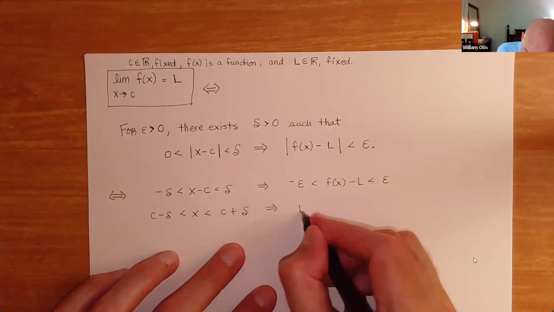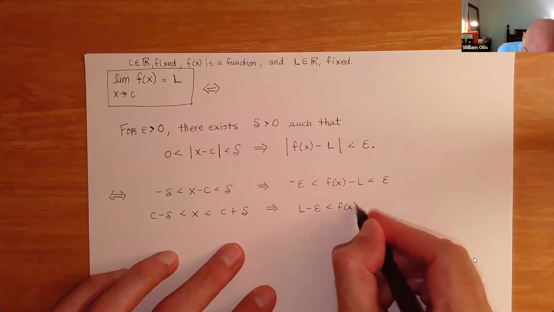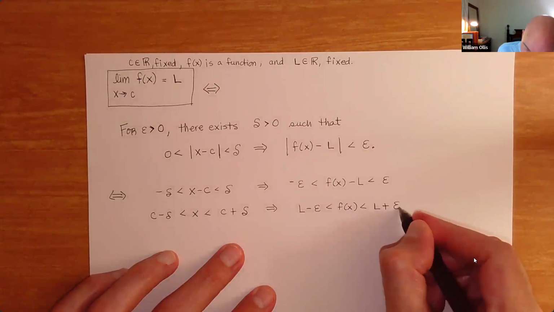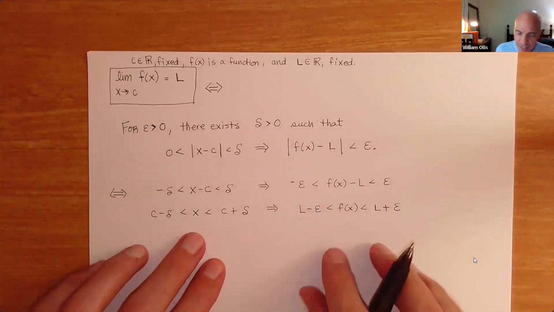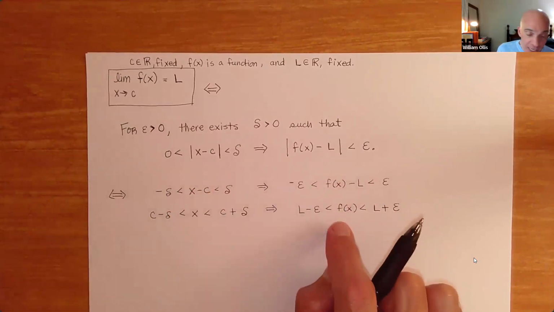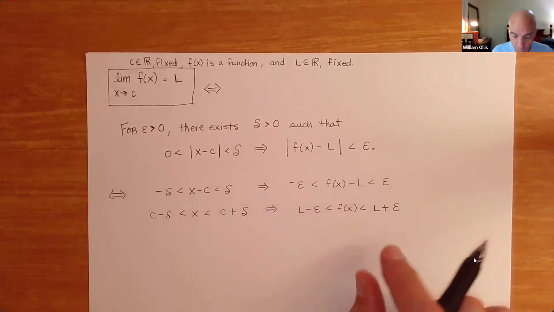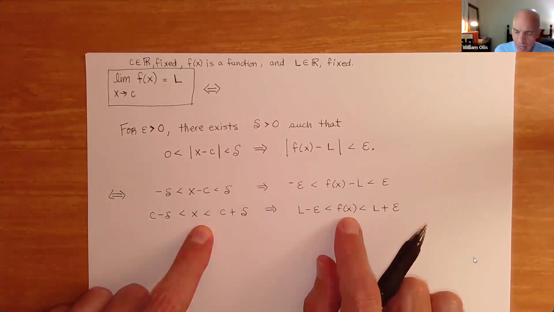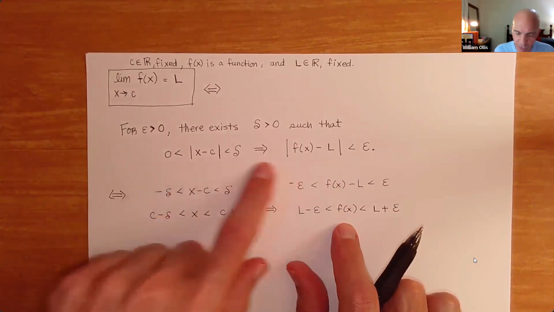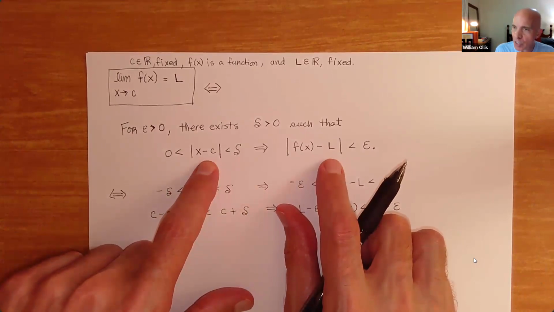We have L minus epsilon less than f of x less than L plus epsilon. So this is just a very compact way of writing this. There's nothing wrong with fleshing it out this way. It's just that it's a little bit untidy. So mathematicians got together and said this would be a more convenient way to write the definition of limit.